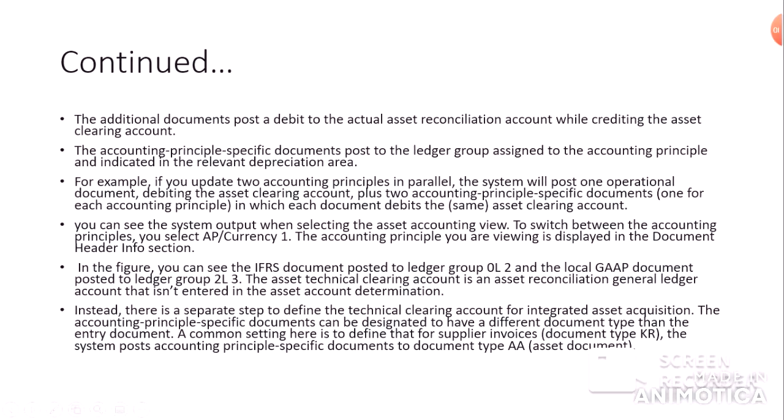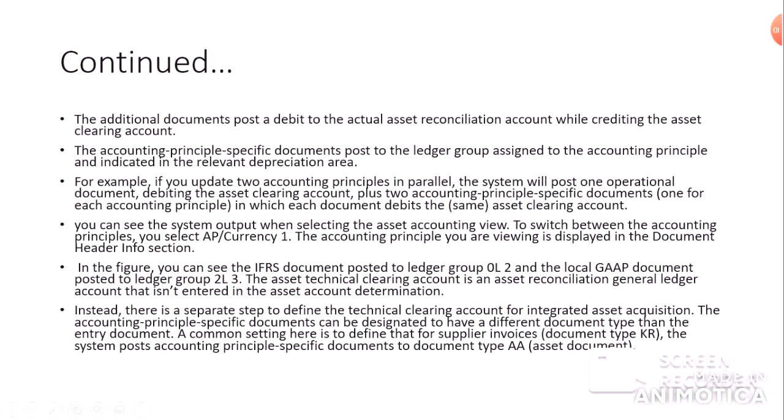You can see the system output when selecting the asset accounting view. To switch between the accounting principles, you can select AP or currency 1. The accounting principle you are viewing is displayed in the document header info section. In the figure, you can see the IFRS document posted to ledger group 0L and the local GAAP document posted to ledger group 2L.